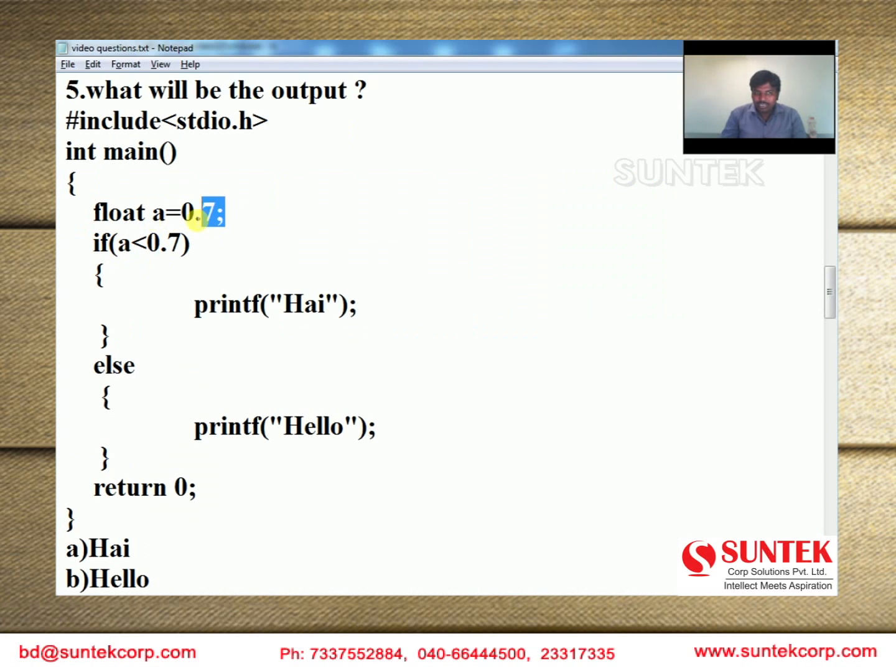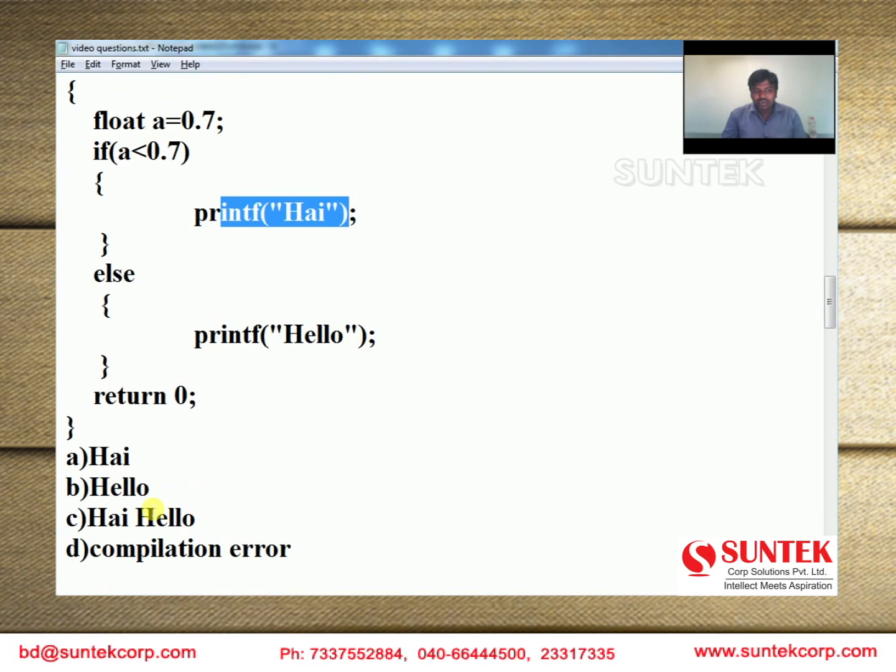A float is less than 0.7, and 0.7 means it's a double value, right? Float is always less than double value. That's why what is the answer to this question? Hi. It's not hello.